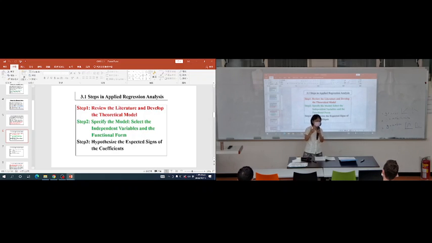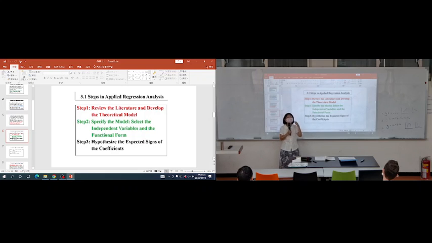Since we already know these equations, we know the relationship between the y and x, it seems that we have already done the first 3 steps.